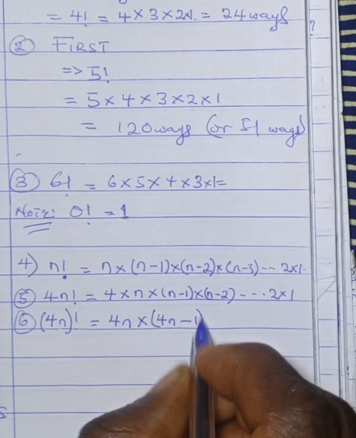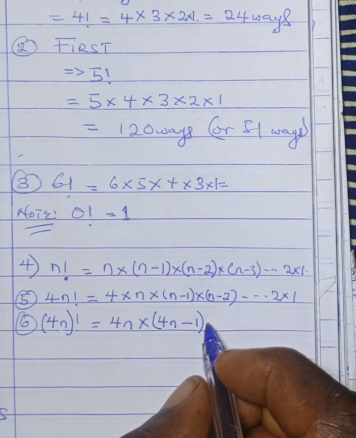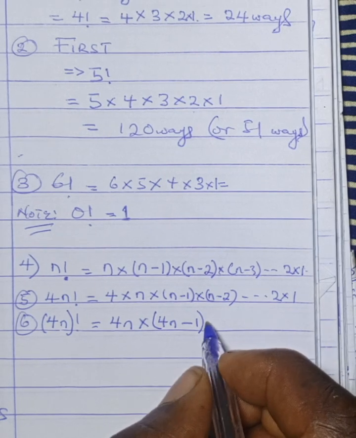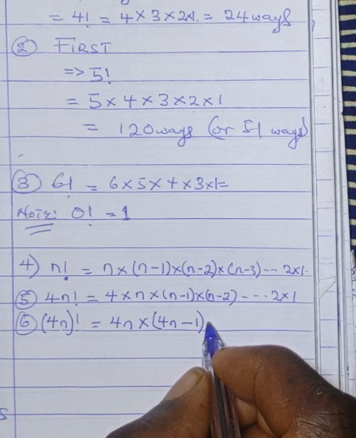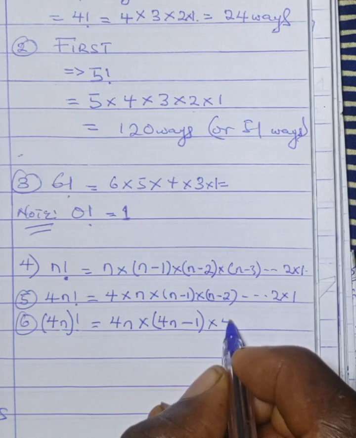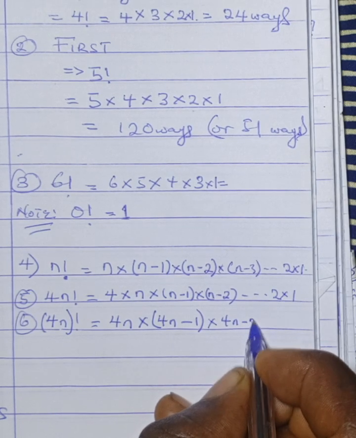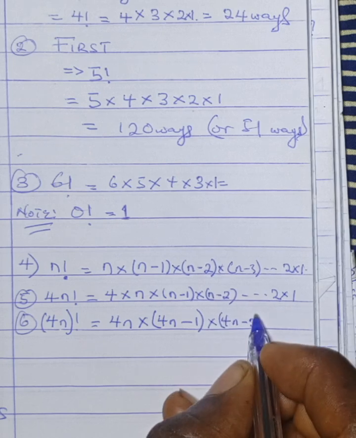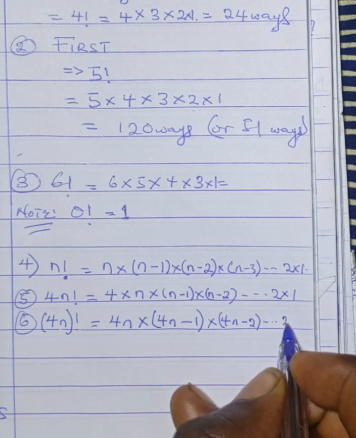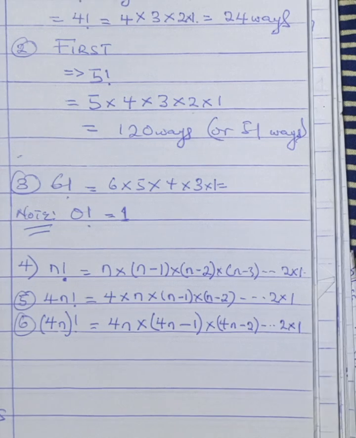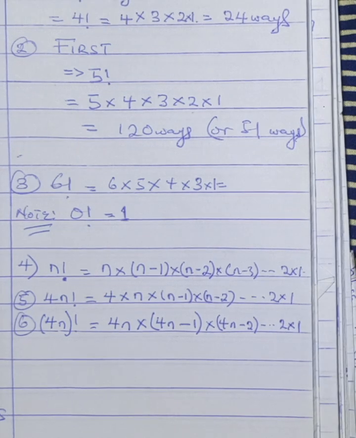Remember, we're decreasing by 1, times 4n minus 2, and so on till you have 2 times 1. I hope you're getting it now.